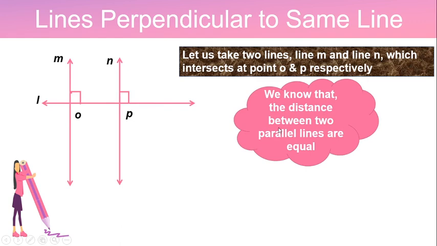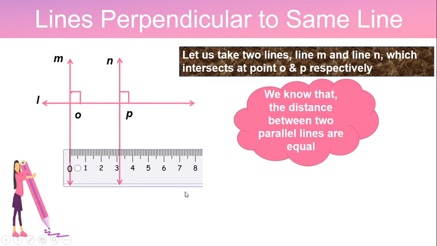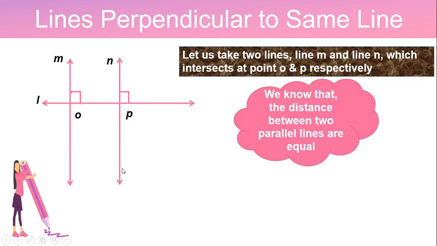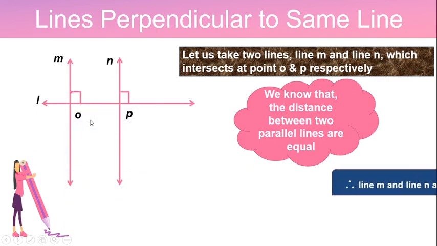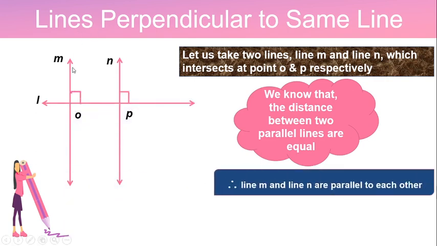We know that the distance between two parallel lines is equal. So let's see here, with this scale we have measured the distance from this end, then again we will measure the distance from the other end. So the distance between lines M and N is the same. So what does it mean? That the two lines M and N are parallel to each other, as the distance between these two lines is the same.